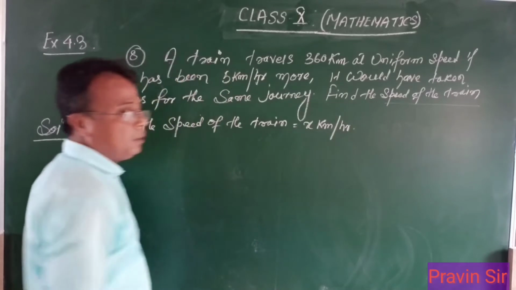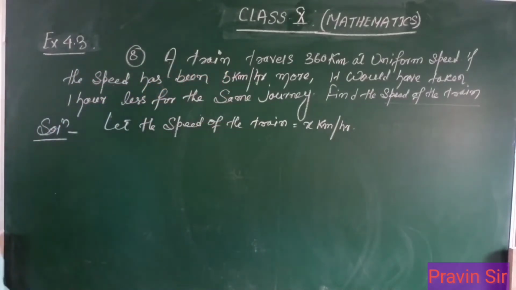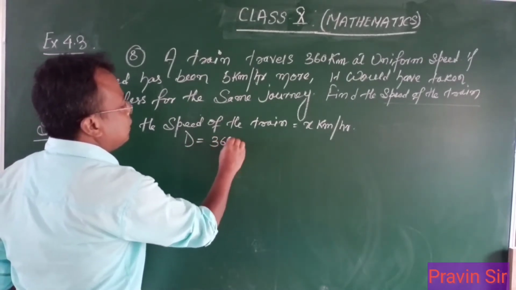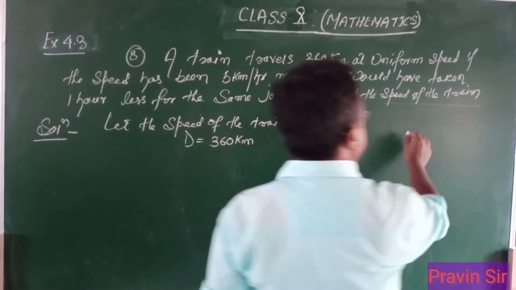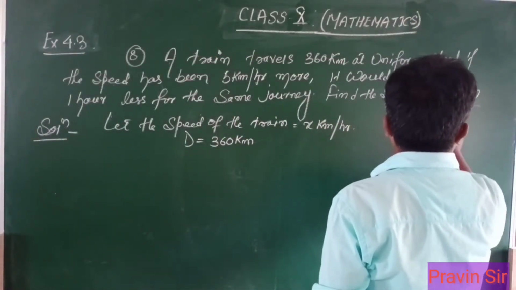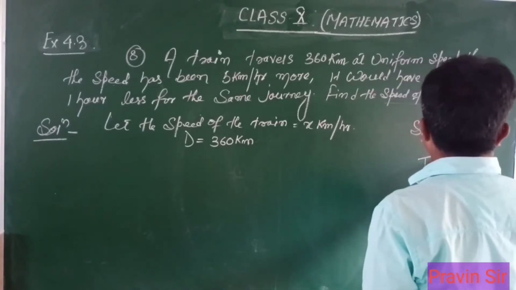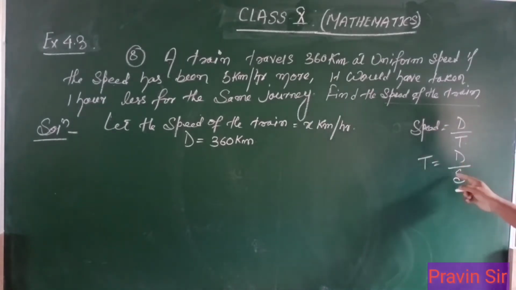This is the speed of the train. Now how much distance it covered? It covered a distance of 360 km. Distance is equal to 360 km. So you know in physics, you know one formula, speed is equal to distance by time. So time is equal to what? Distance by speed. Time is equal to distance by speed.